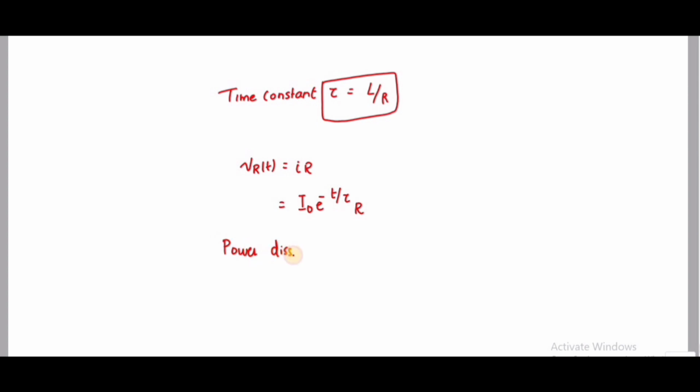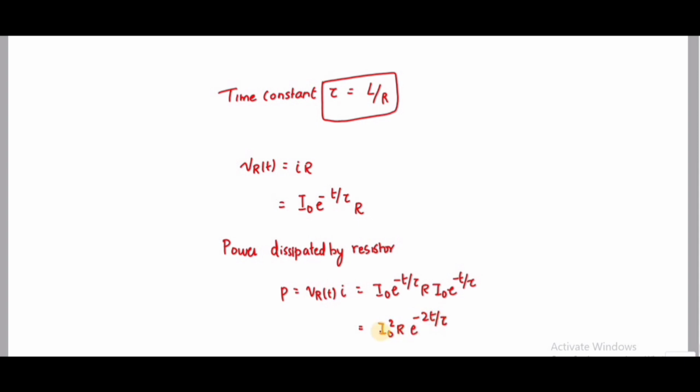So what does power mean? Power is equal to voltage into current. Here VR is I naught e power minus t divided by tau into R, and I is I naught into e power minus t divided by tau.